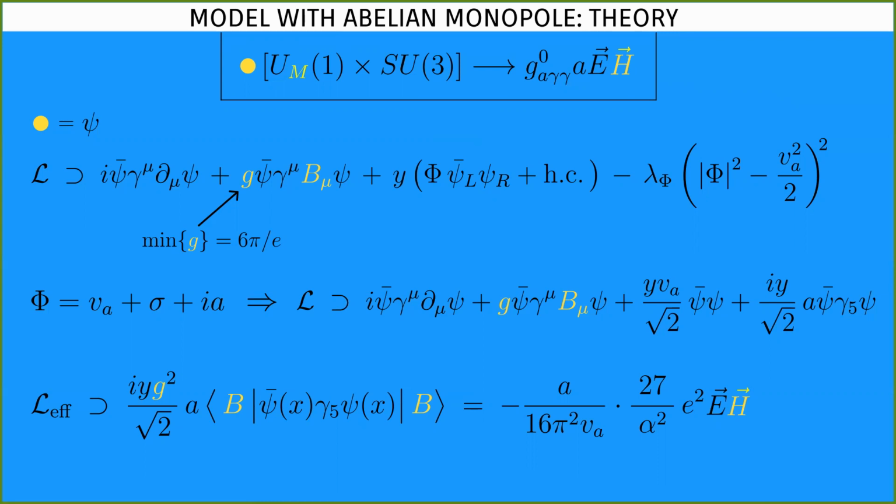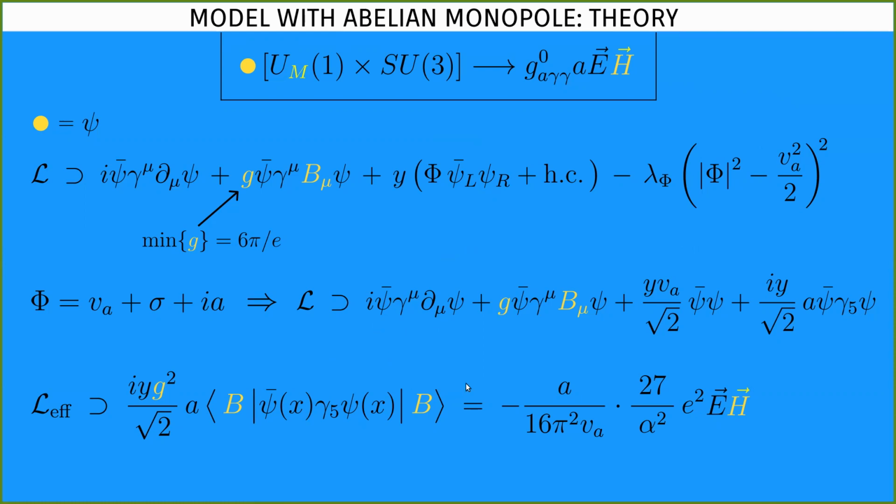Now it is possible because of the separation of scales between the high energy physics, which is given by the Peccei-Quinn scale, V_A, and the low energy physics, where we can perform experiments.